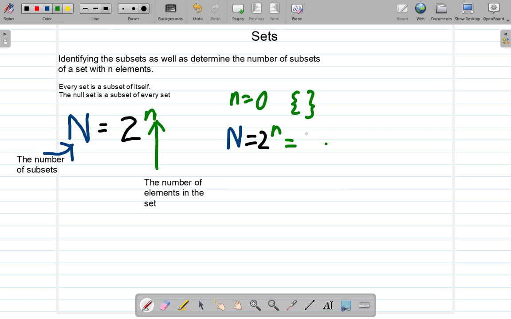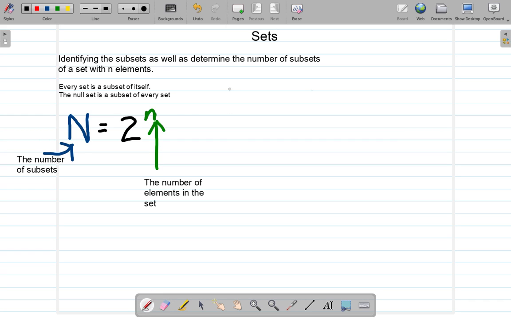Now that is 2 to the power of 0. What is 2 to the power of 0? If you remember your indices, it is 1. So there is only one subset here. Okay, so it works so far for the null set. There's no element. The number of elements is 0. So the number of subsets is 2 to the 0, which is 1. Okay, good so far.